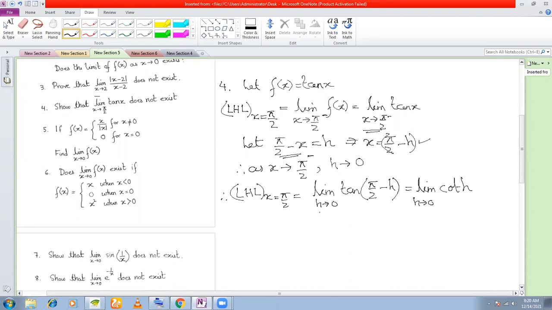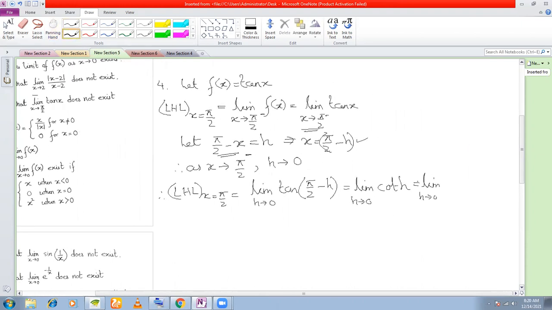So if this is equal to cot h, then limit h tends to 0, you can write this as 1 by tan h, right? And see, if h is very close to 0, then what is the value of tan h? It is very close to 0, isn't it?